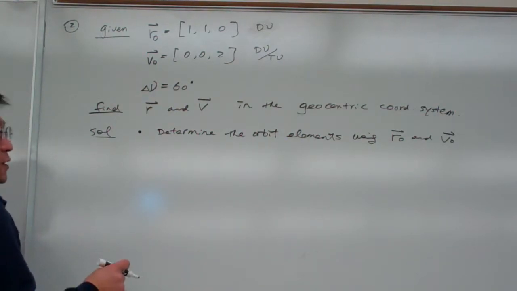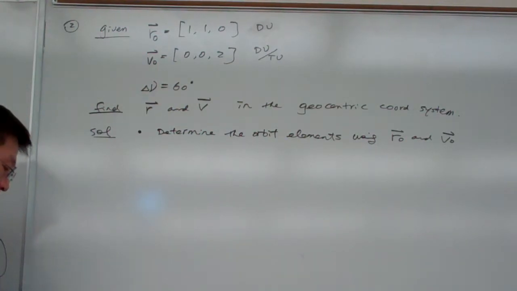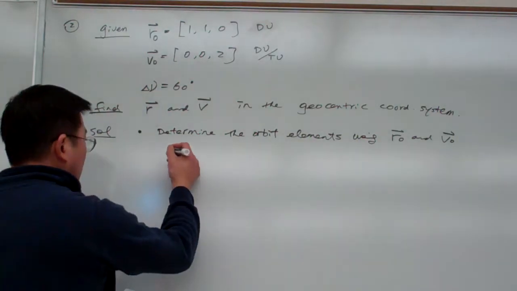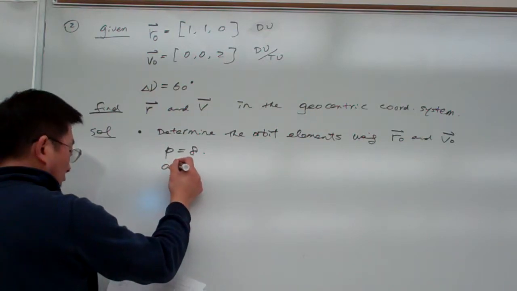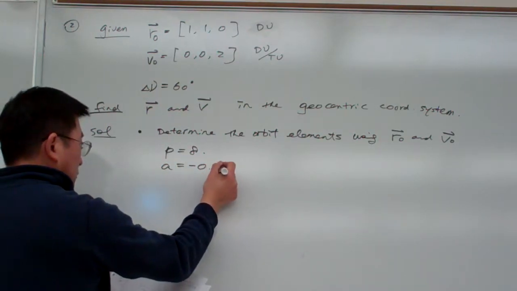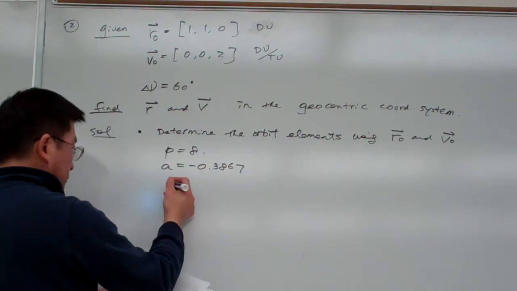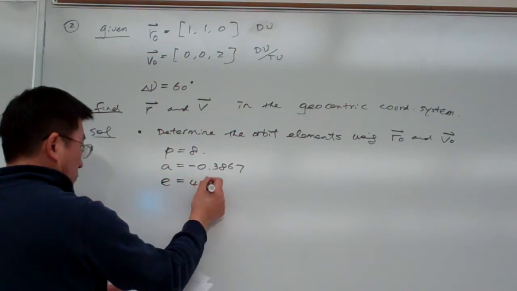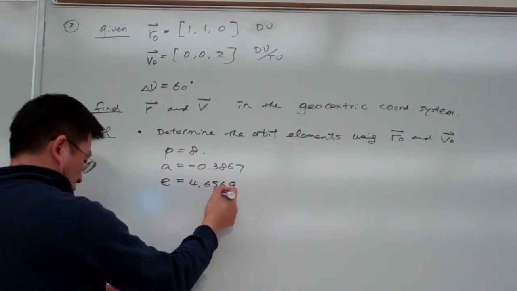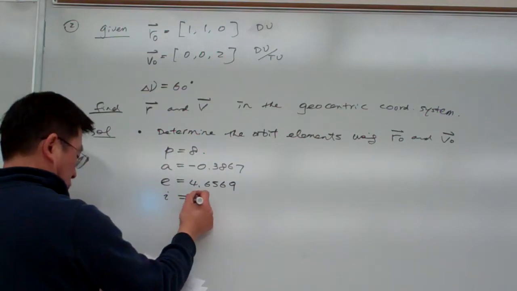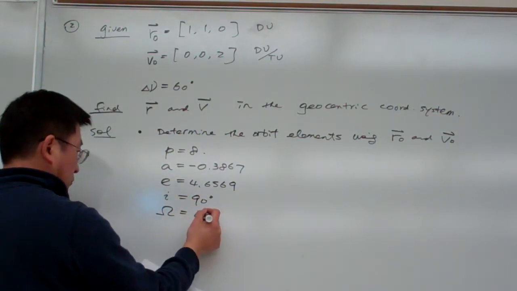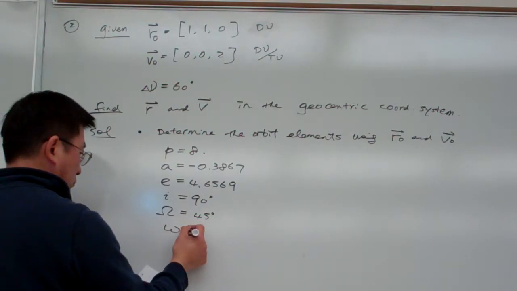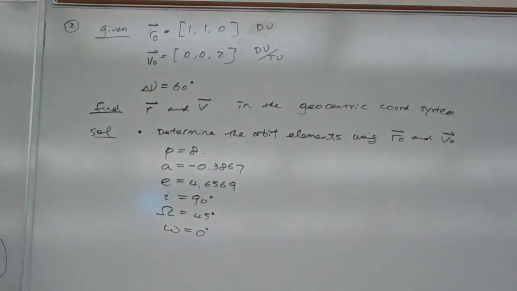Let me skip the details, and let me give: p equal to 8, and a equal to minus. Okay, so that is this orbit. This is a hyperbolic orbit.